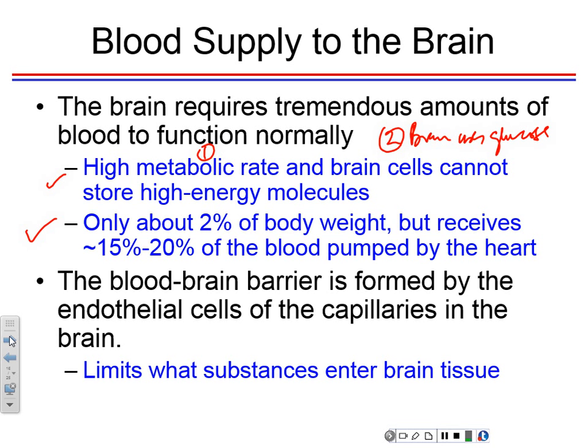All right? Okay. So, like I was saying, the blood-brain barrier will surround the brain. In fact, what is the neuroglial cell that forms the blood-brain barrier? Astrocytes. Yeah. Ependymal cells make the cerebrospinal fluid.